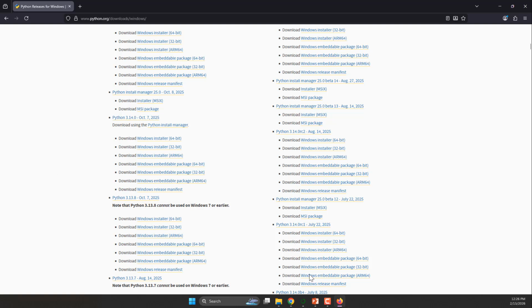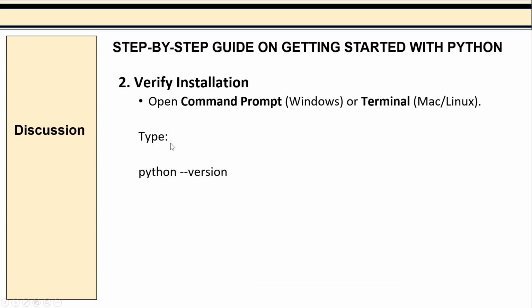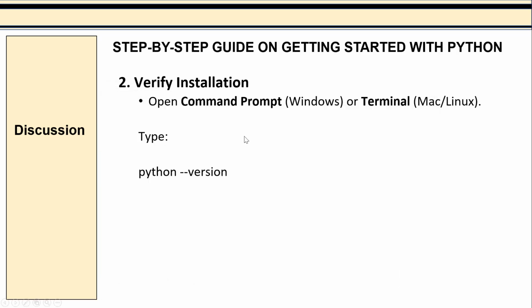Alright, I hope that makes sense for everyone. During installation, as I mentioned earlier, we need to check this one. To verify the installation, we need to open our CMD. Let me demonstrate that to you. To verify, we can type python --version, and it will show here the version of our Python, which means we successfully installed Python.